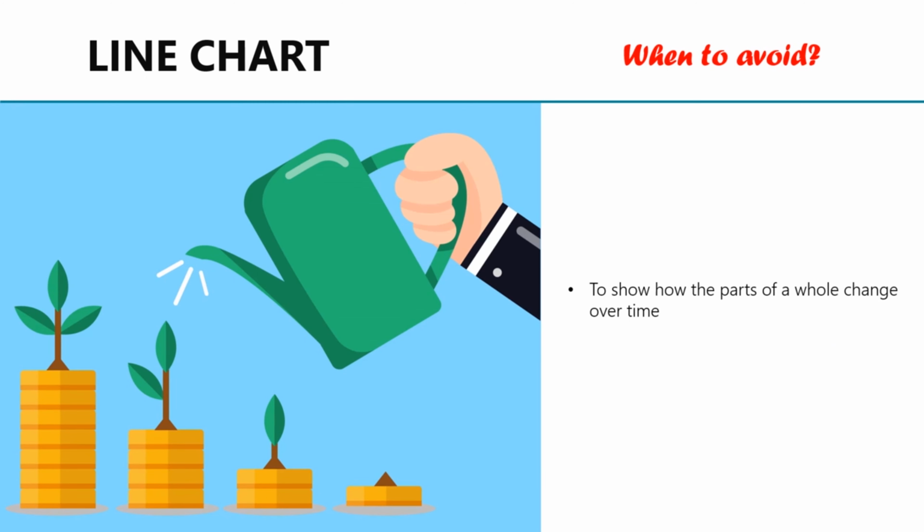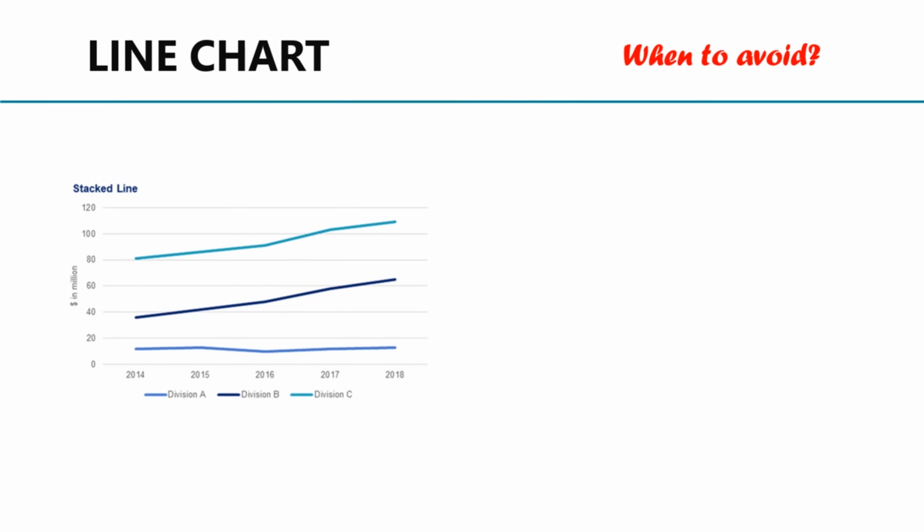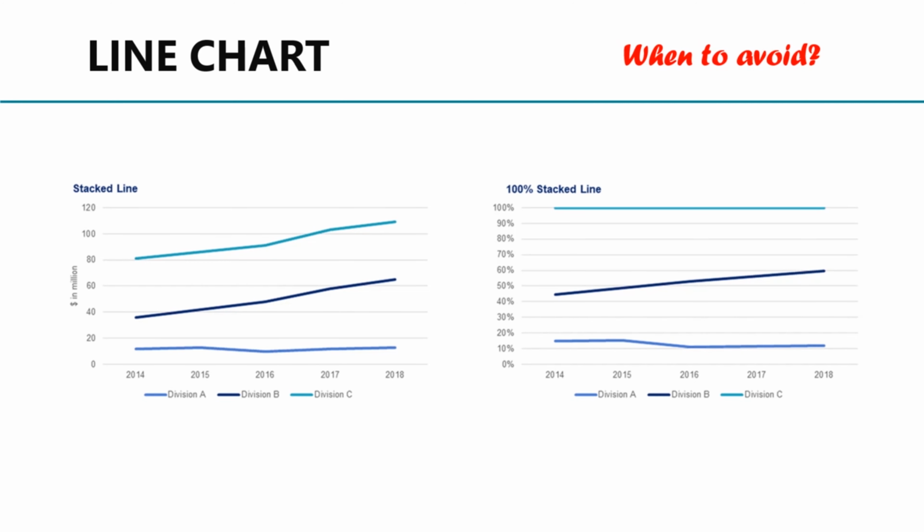Line charts are not that great in situations when you want to show how the individual parts of a whole change over time. Yes, in theory, one could use a stacked line chart, where line values accumulate, or a 100% stacked line chart, where lines accumulate to 100%, but a stacked area chart would look better.